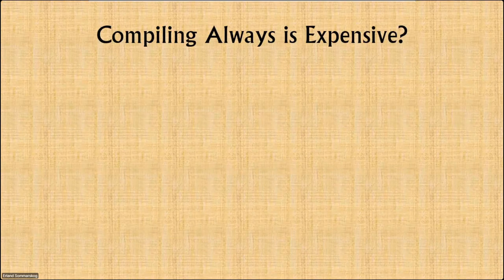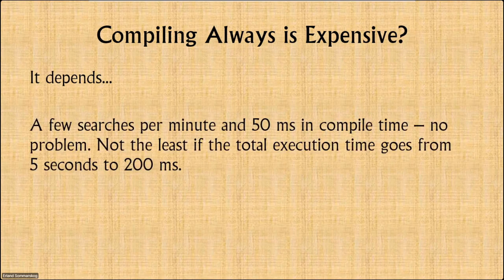But now you may ask, yeah, okay, that's nice, but this compiling, isn't that expensive? I mean, the cache is there for a reason, isn't it? Well, as often with these discussions, it depends. Let's say the users are only making a few searches per minute, and it takes 50 milliseconds to compile, and that's not a problem, not the least if that's what slashes the total execution time from 5 seconds to 200 milliseconds.